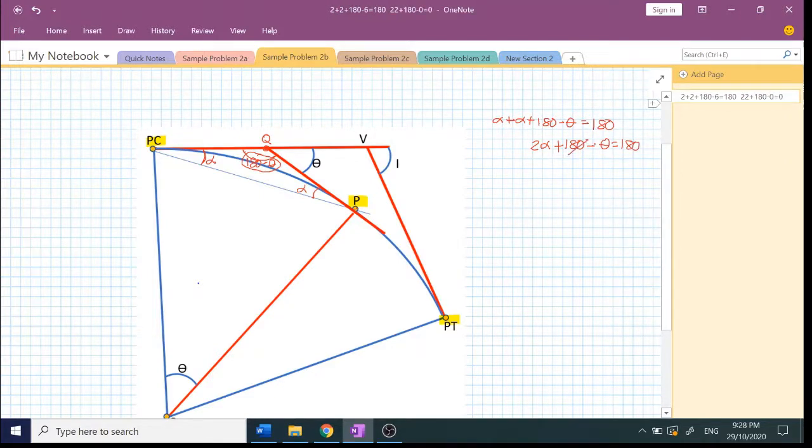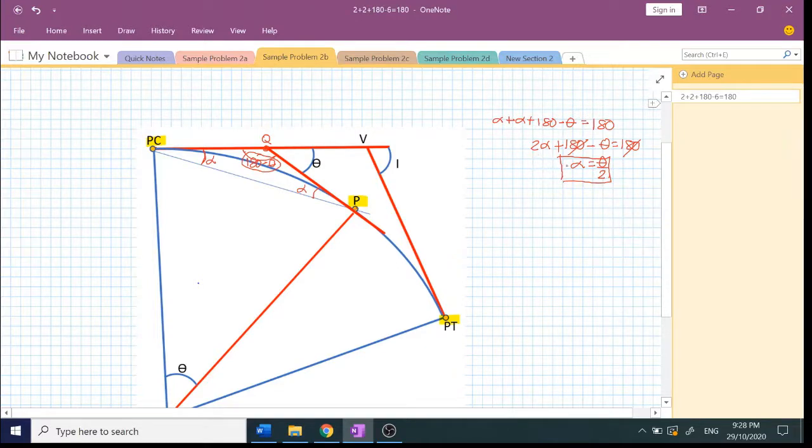And you will notice that 180 will cancel here. If you transpose theta to the right hand side, masosolve natin that alpha is equal to theta over 2. Okay. So from here, let us have a conclusion and a generalization.